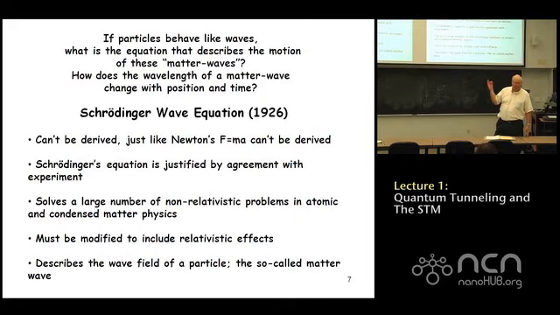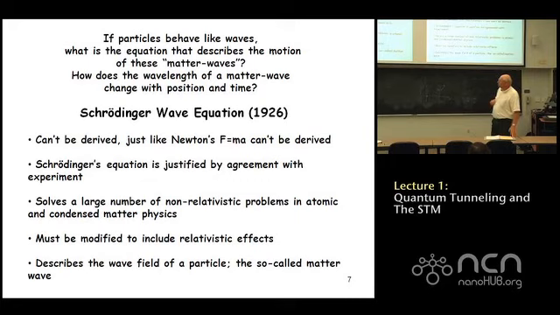If Schrödinger's equation did not reproduce any experimental data, we wouldn't be up here talking about it today, right? So just like Newton's law, F equals ma, that's not derived, right? That is posited. This is how force and acceleration are connected. And then you go and you use it and you find out, oh, by the way, it explains a lot of data, right? Same thing with Schrödinger's equation.